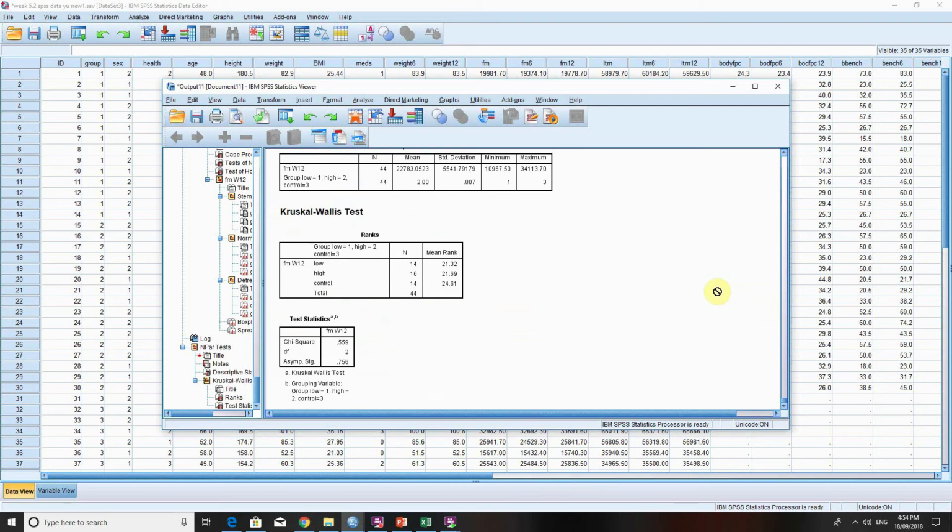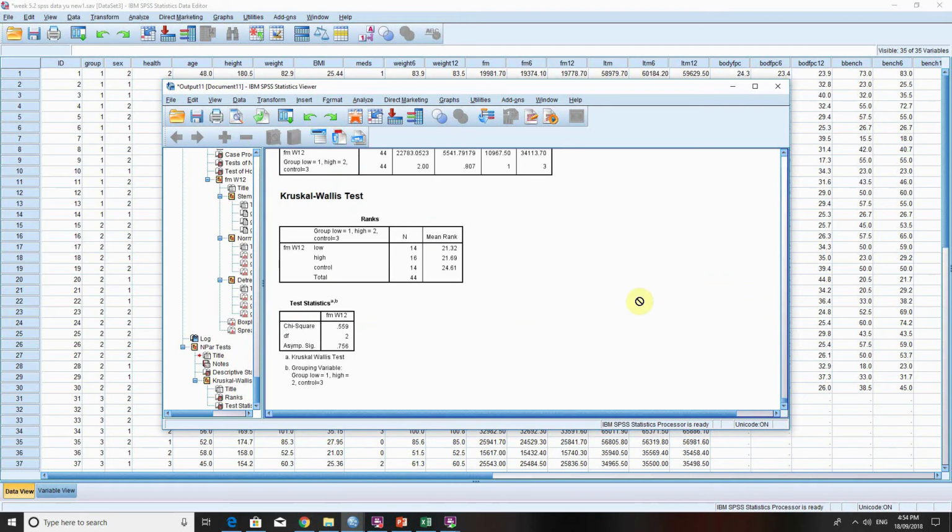And here's our output. So the only thing you need to worry about from the Kruskal-Wallis test is the chi-square value and the significance. So immediately I see we don't have a significant result, so I can say that a Kruskal-Wallis test was run on fat mass at week 12 over the low, high, and control groups because the data was determined non-normal by a Shapiro-Wilk test.